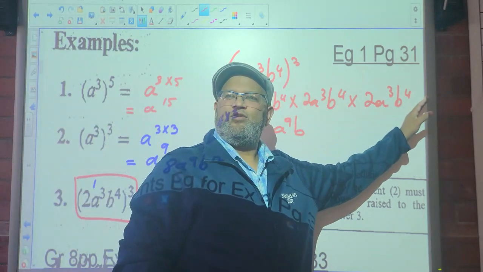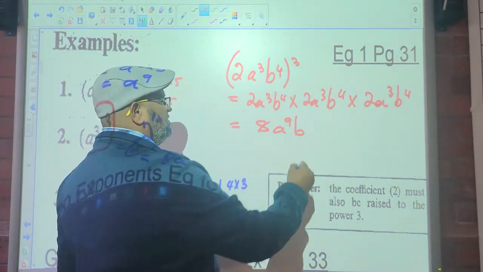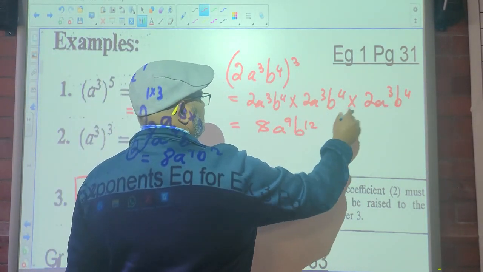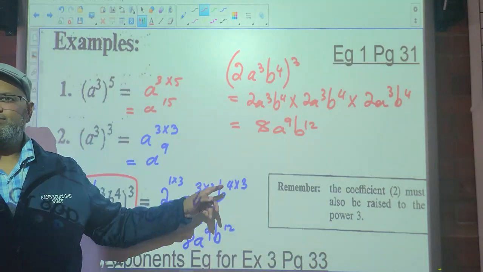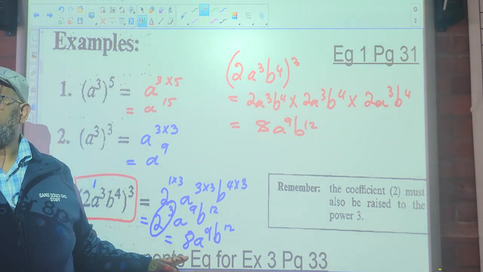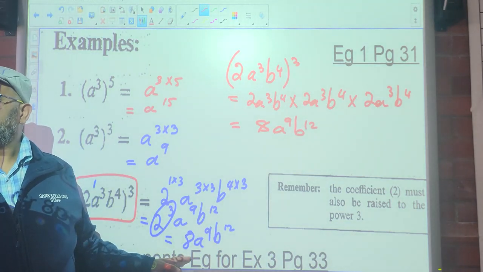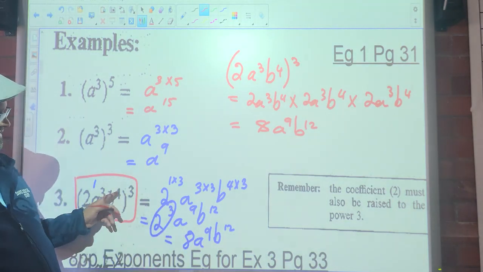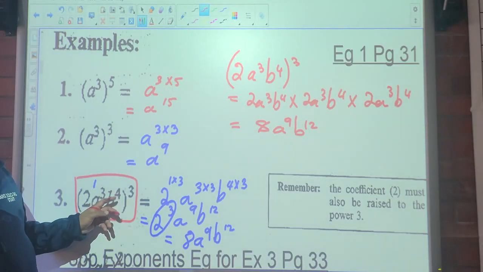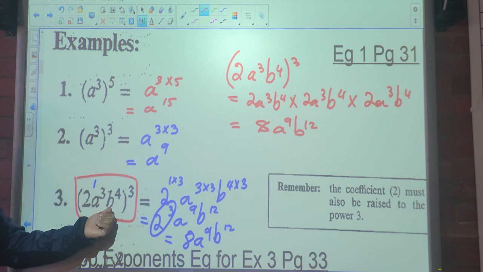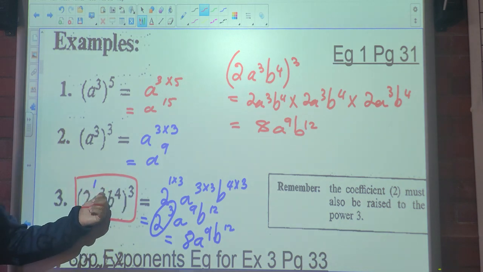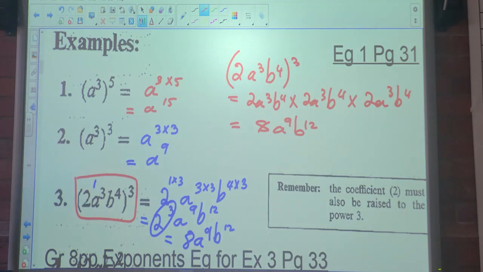B8 times B4? B12. Why? Because when we're multiplying and bases are the same, you add the exponents. And there you can see that that answer and that answer are the same. Identical answers there. You guys understand? So that's easy and correct. Okay, just remember, every base inside this bracket must be raised to the exponent 3, or the exponents must be multiplied by 3.